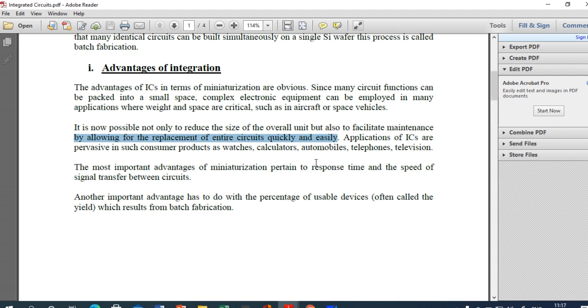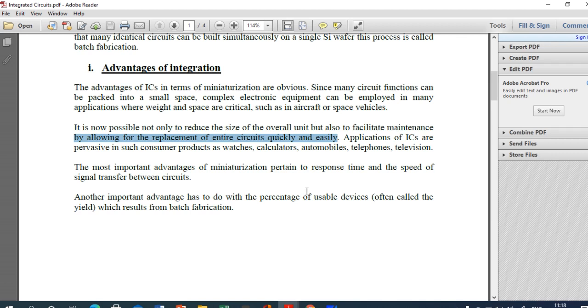You will just replace that IC with another one. You will not remove the entire circuit. The only thing you have to do is, if you find that the integrated circuit is faulty, like you are using a 7402 IC and you find that the 7402 IC is faulty or not working according to our function, what will we do?